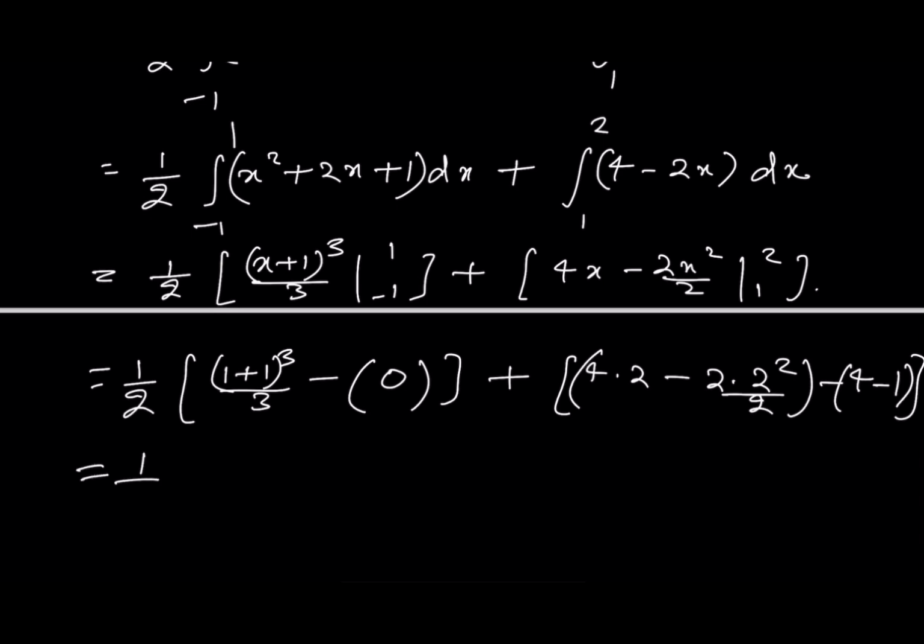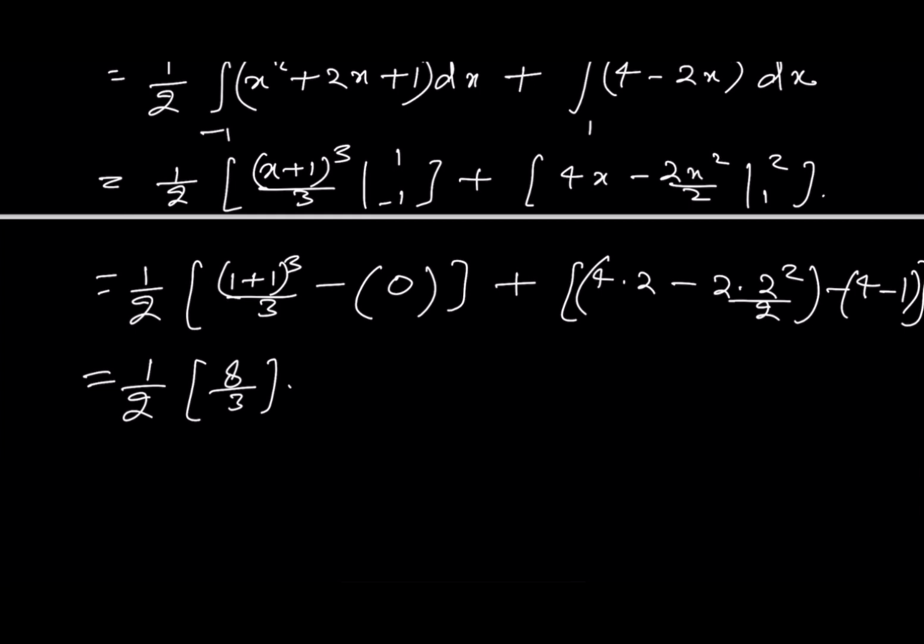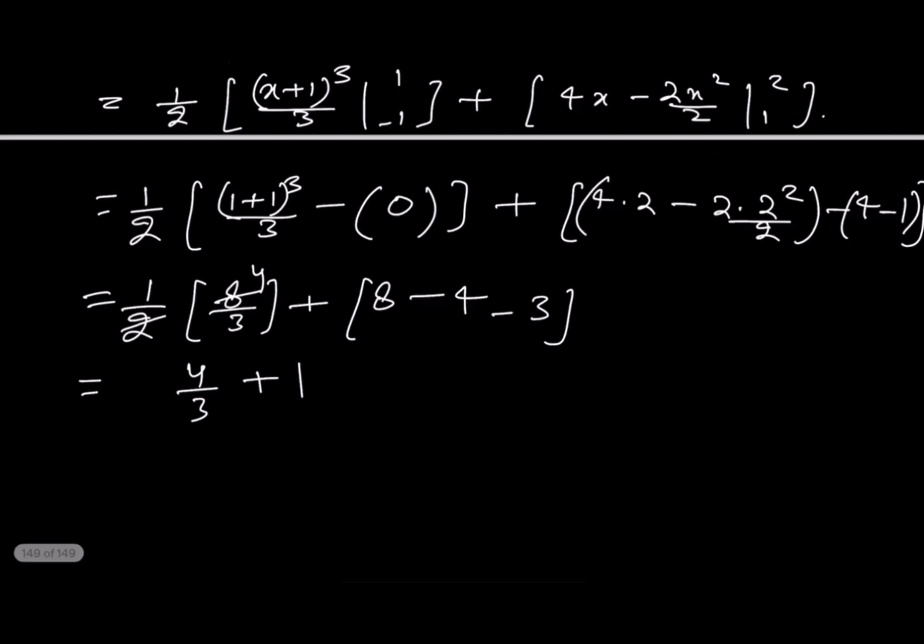So it would be 1 by 2 times 8 by 3, plus (8 minus 4) minus 3. Now it would be 4 by 3 plus 1, which is 7 by 3.